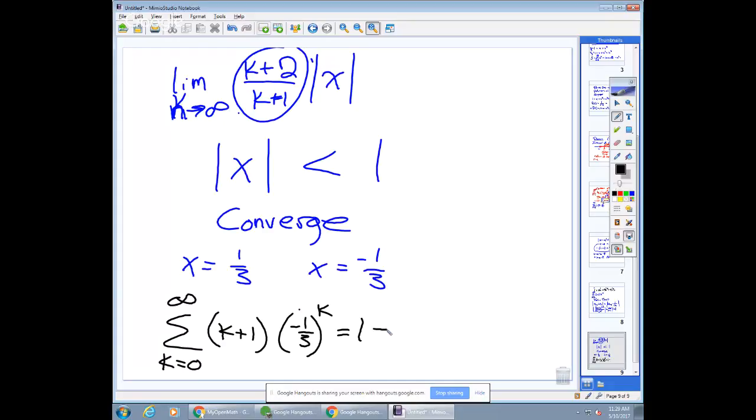So it's going to be a minus 2 times 1/3. And then I'll have a plus, and that one will be 3 times 1/9. And then I'll have a minus again, 1, 2, 3, 4 times 1/27. This is k equals 0, 1, 2, and 3. Yeah, and then that just kind of keeps going.